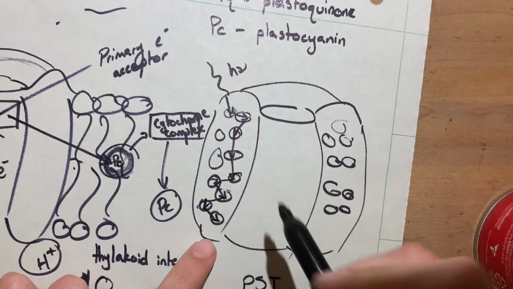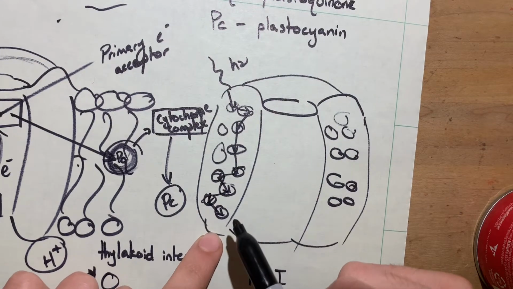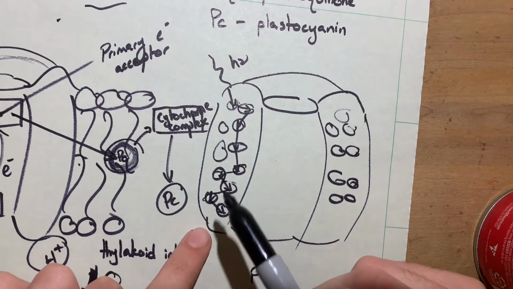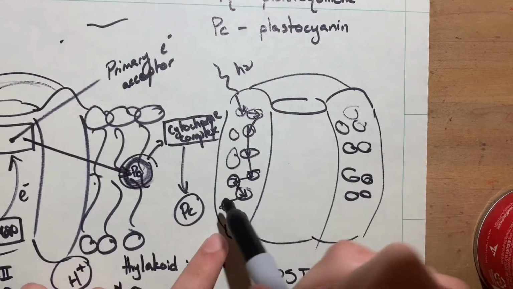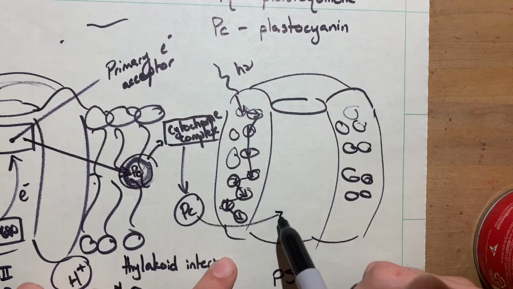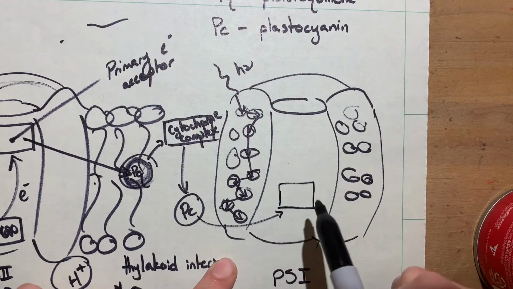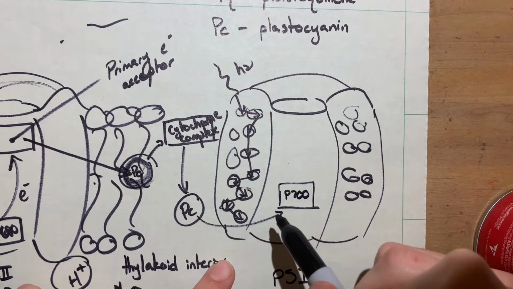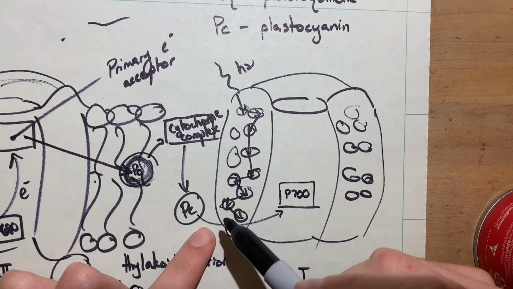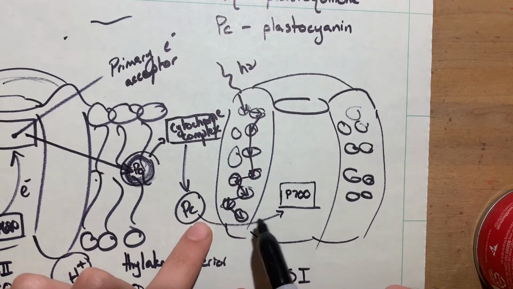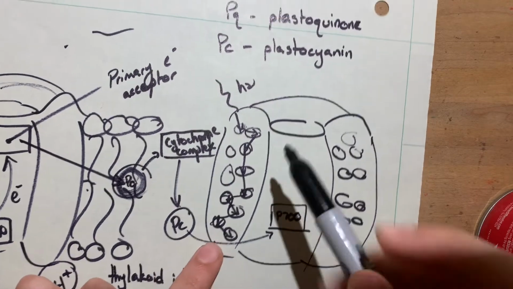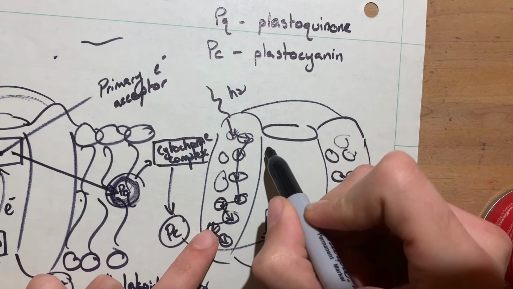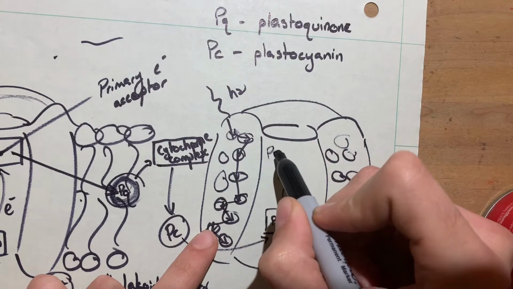Creating this excitation chain again. And PC will either provide something for the P700, or more incident light will. Because what can happen is the PC can transfer it to this primary acceptor.